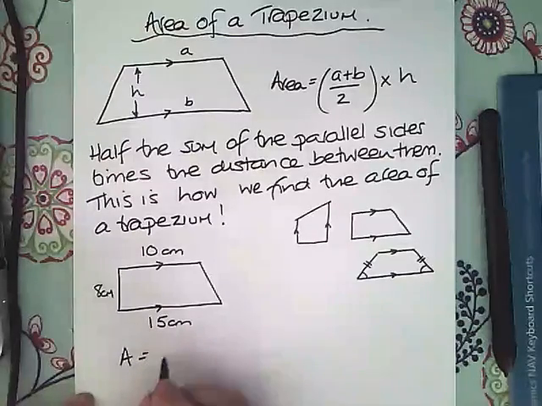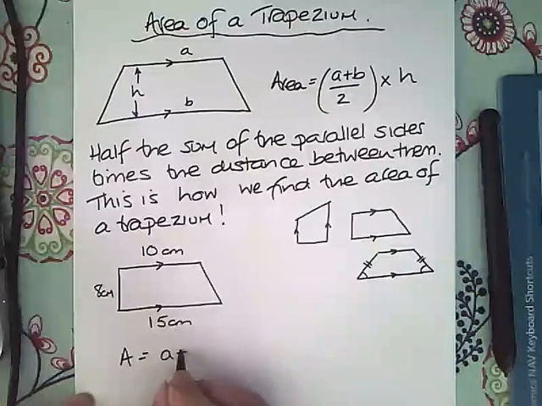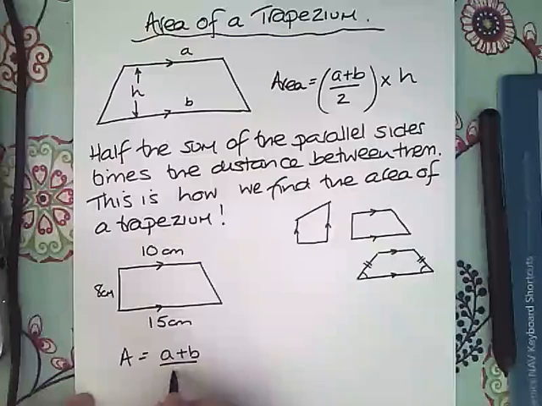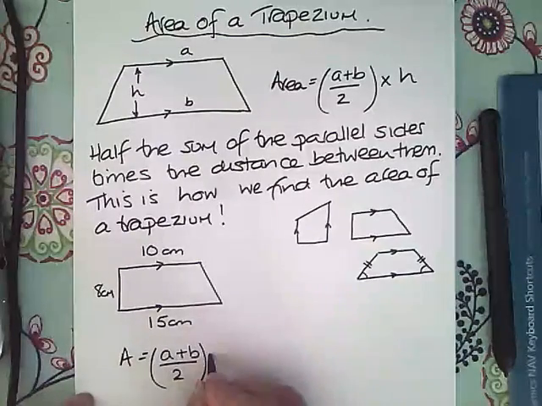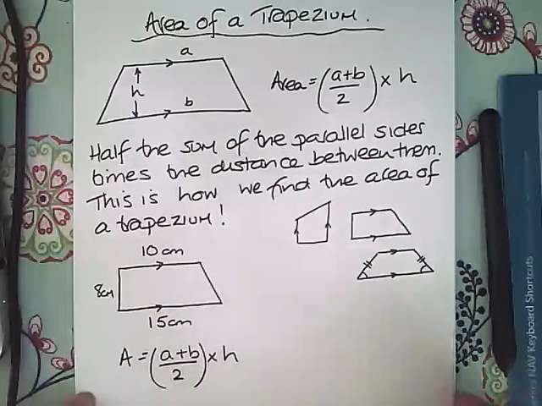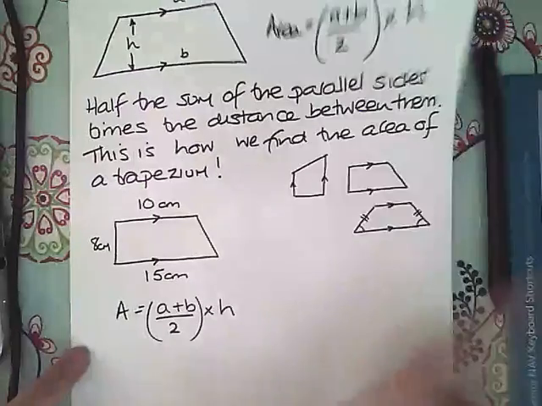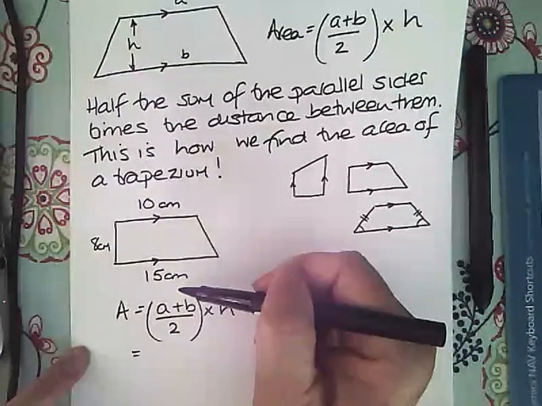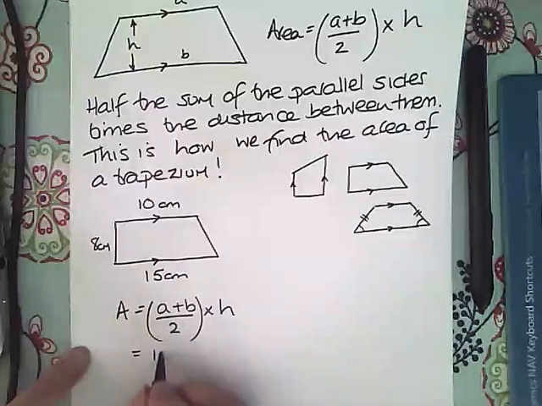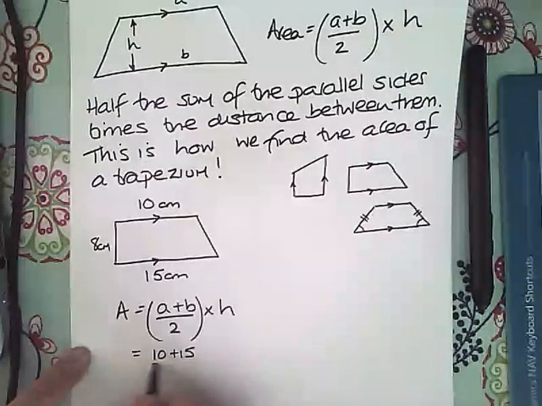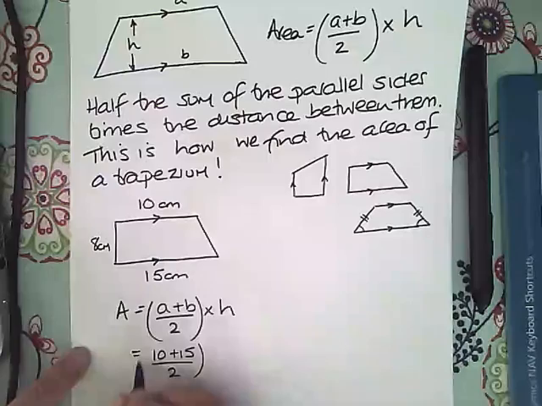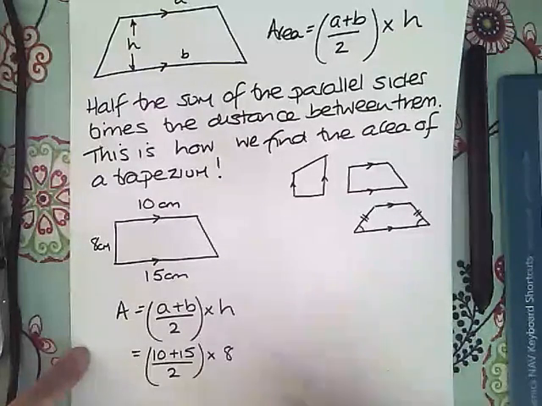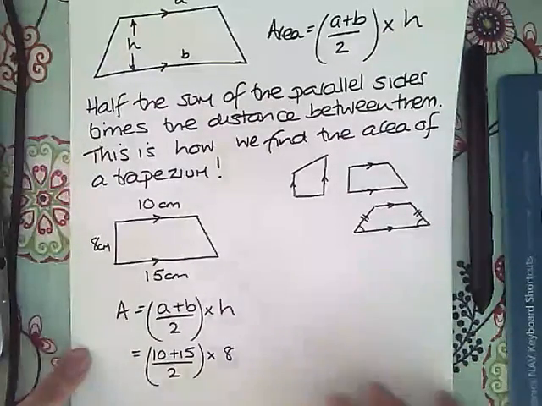Area is equal to the sum of the parallel sides halved times by the distance between them. Put our numbers in. It doesn't matter which way around A and B are, you're adding, so the order doesn't matter. So 10 plus 15, all divided by 2, and then we're going to times it by 8 because that's how far they are apart.